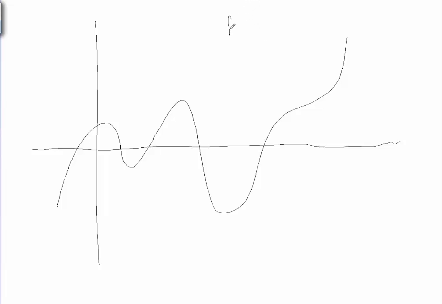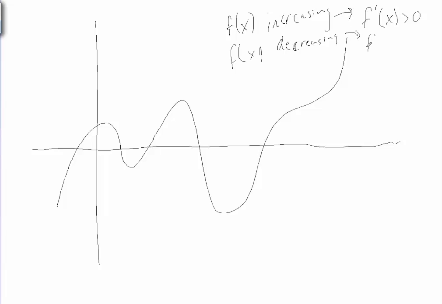f of x increasing, we have the derivative greater than 0, and when f of x is decreasing, we have the derivative less than 0.